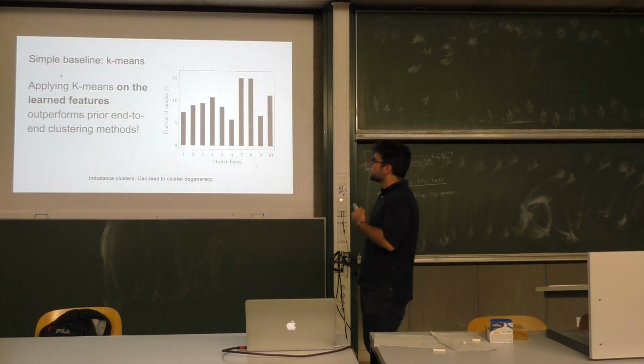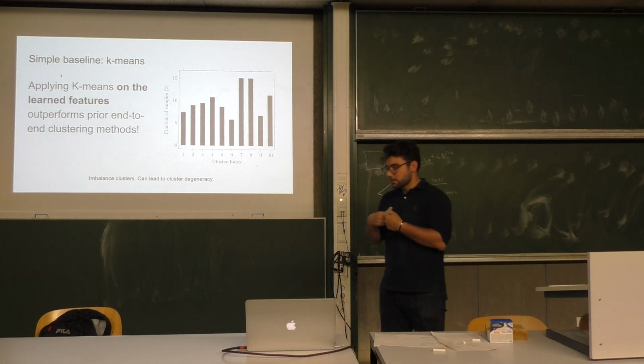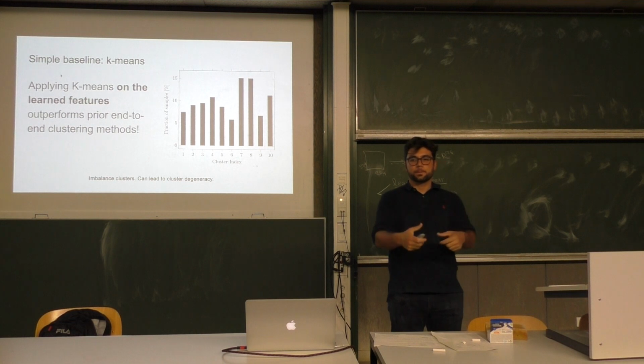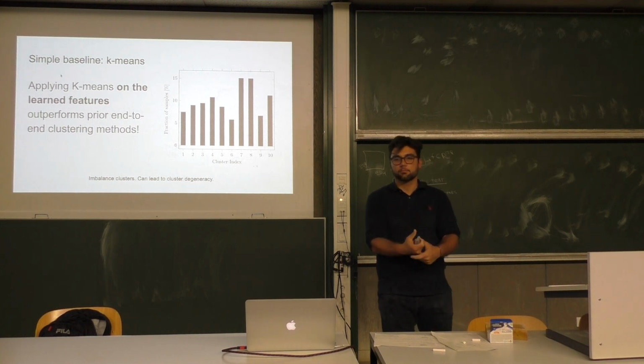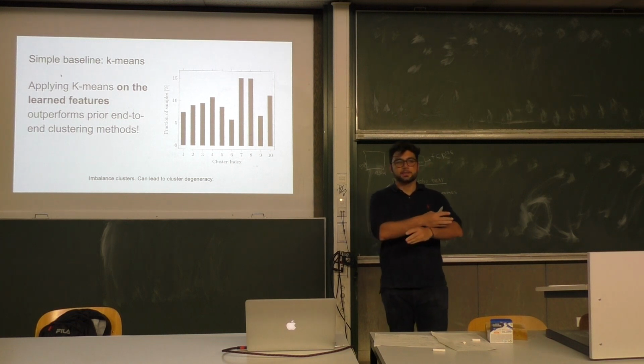So this paper we will cover, the abbreviation is SCAN. They take the training data, they do contrastive learning, then they take the learned features, the representations, and they do k-means.